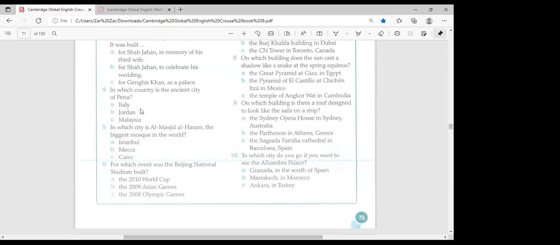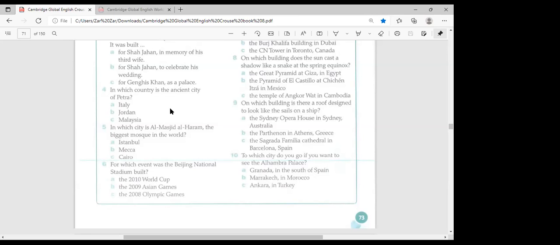6. For which event was the Beijing National Stadium built? It was built for the 2008 Olympic Games and the Paralympics which followed. The stadium has been called the Bird's Nest Stadium because people think it looks like a bird's nest. The stadium was built to hold 90,000 spectators at the Beijing Olympics. 7.